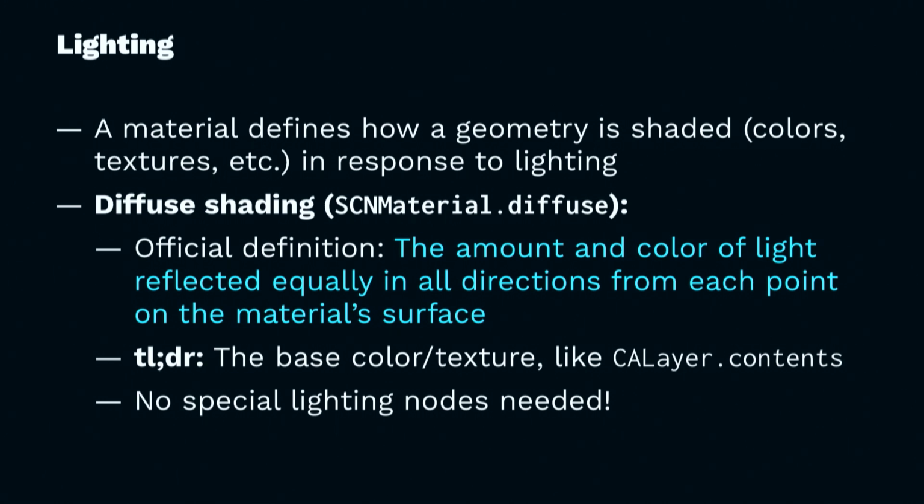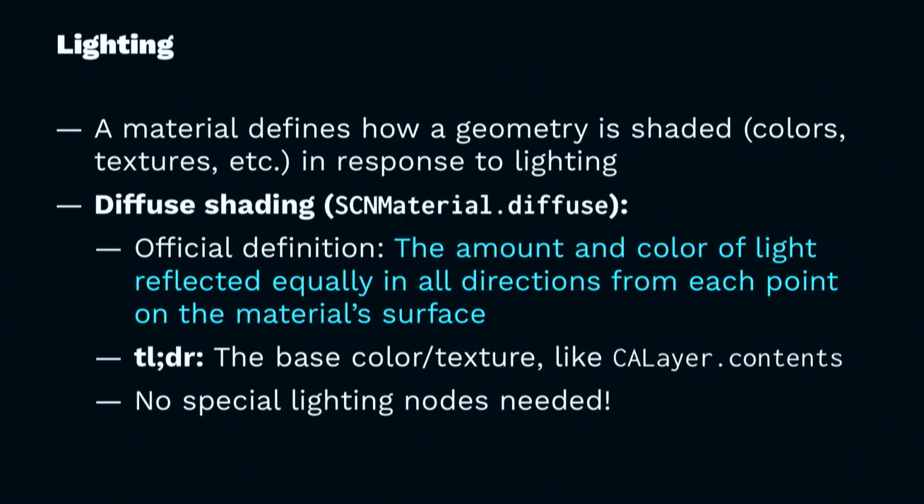And so you can represent pretty complicated lighting setups using something like this, but the simplest one to use is something called diffuse shading. The official definition of this is kind of wordy. It just says it's the amount and color of light reflected equally in all directions from each point on the material surface, which is just a really long way of saying that this is just the base color or texture. So it's pretty much akin to, if you're familiar with setting CALayer.contents on a layer, like setting it to an image or a color or anything like that.